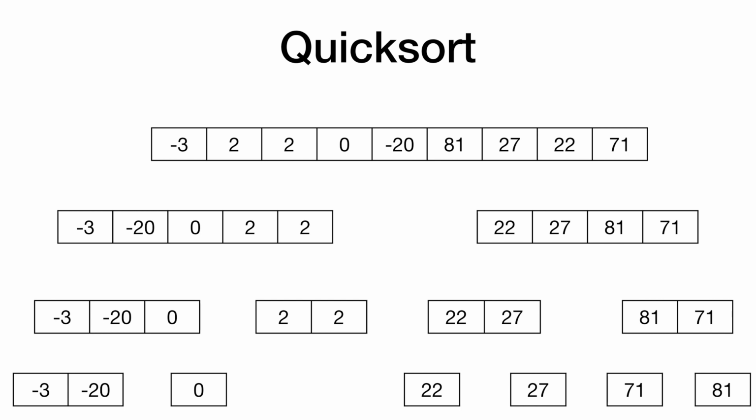So if we were to break it exactly in half every time, this is a question I've asked multiple times, but if we were to split it exactly in half, what's the height? Well, if we keep splitting it exactly in half, we know the height is log n.